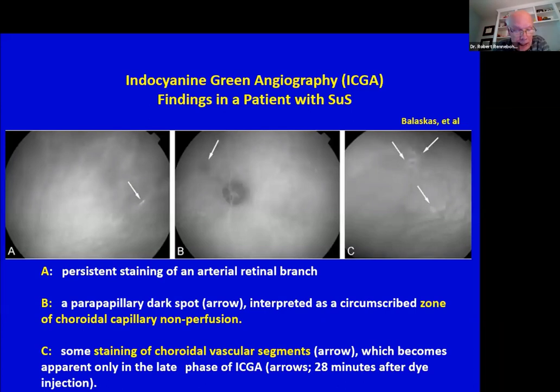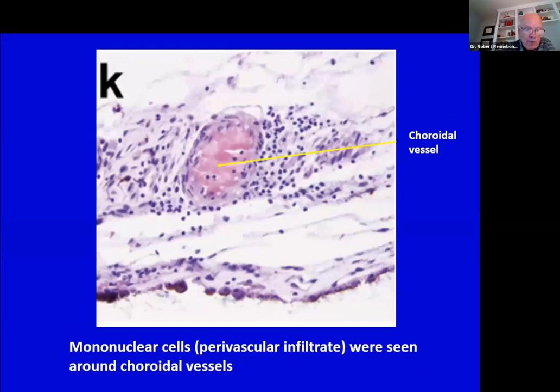I would add that in our recently published autopsy study of the eye, we documented choroidal involvement. In that study, we documented presence of perivascular infiltration of choroidal vessels. So I think we can conclude that the choroid is not always spared.